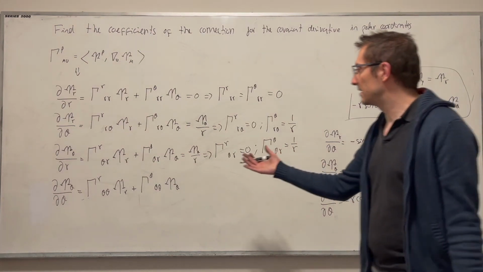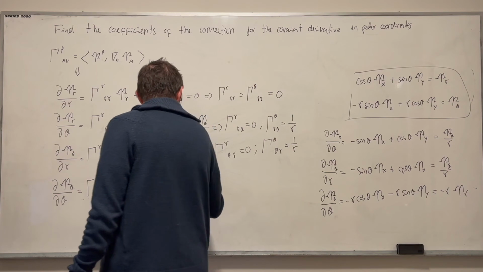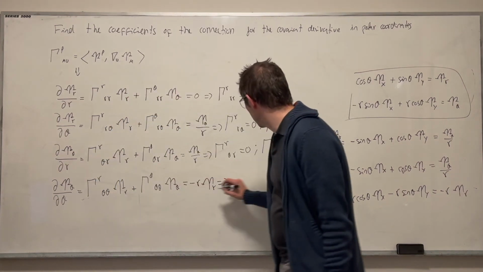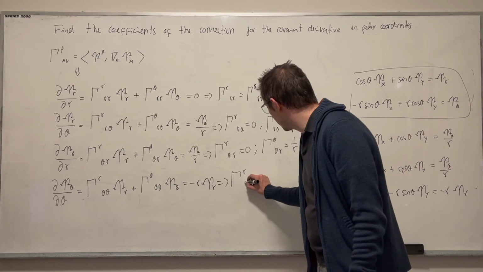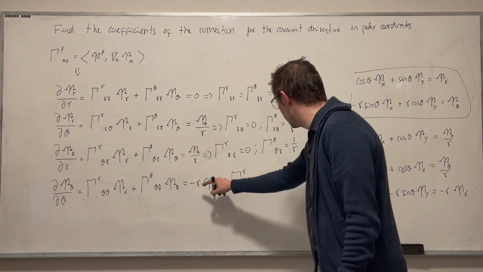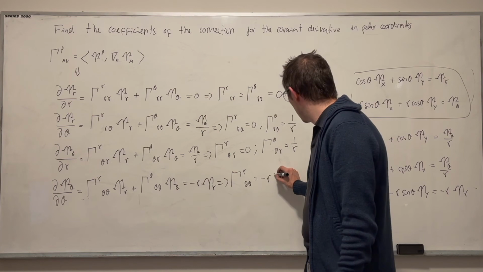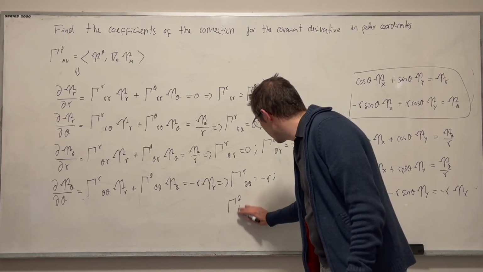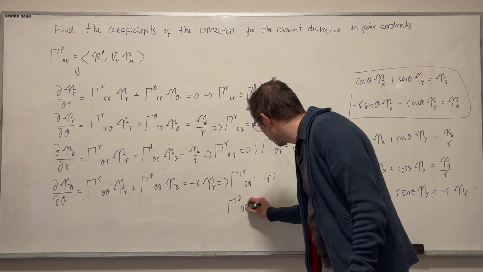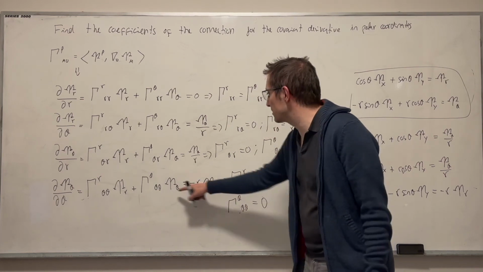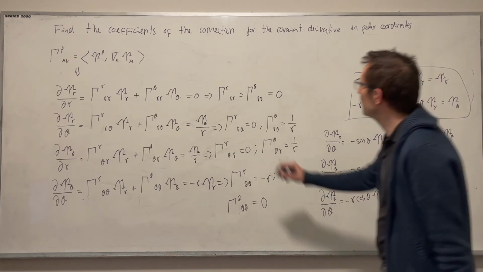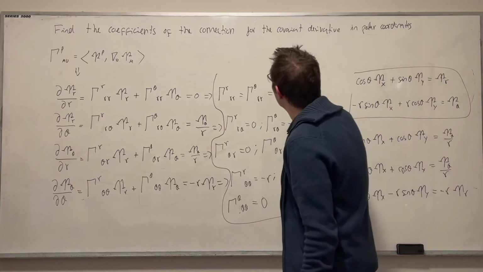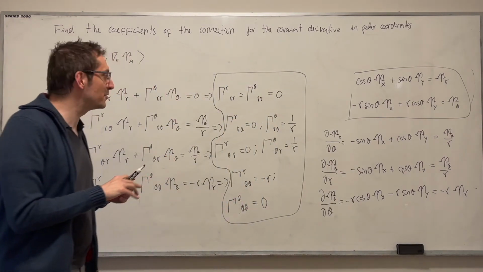That means that gamma r theta theta is equal to minus r. And finally, gamma theta theta theta is equal to 0 because there's nothing multiplying epsilon theta. And there you go, the coefficients of the connection for polar coordinates in R2.